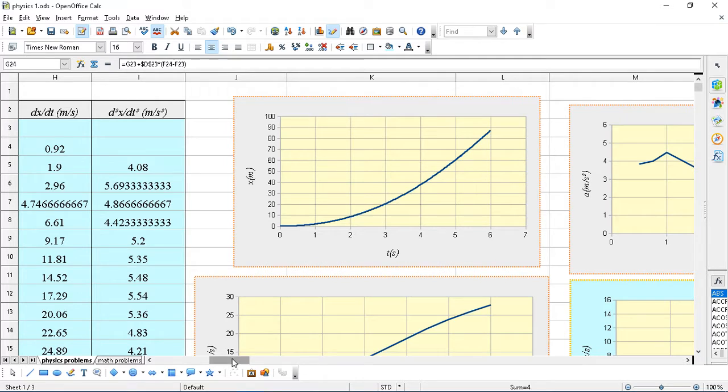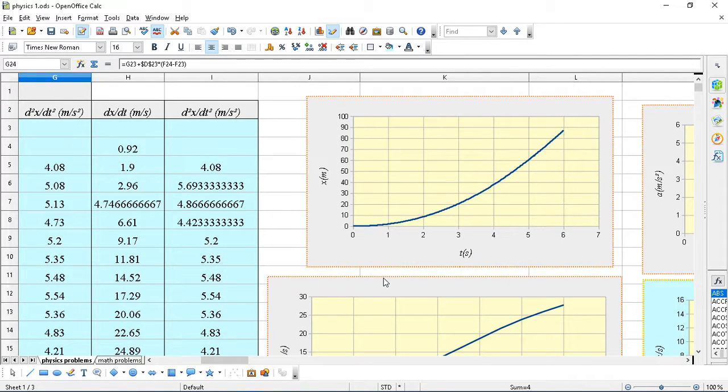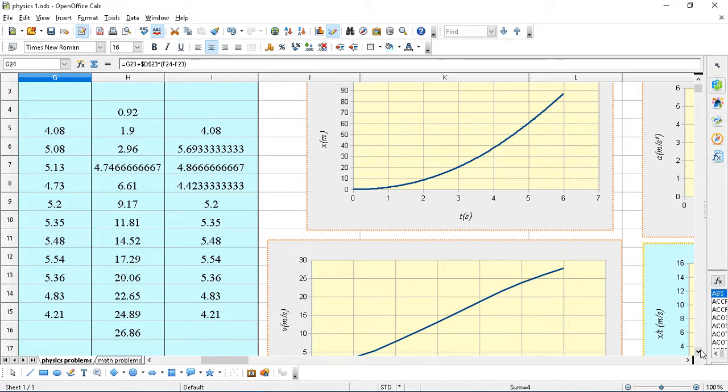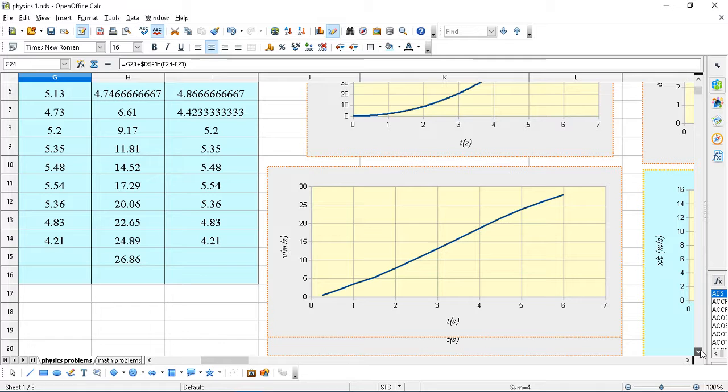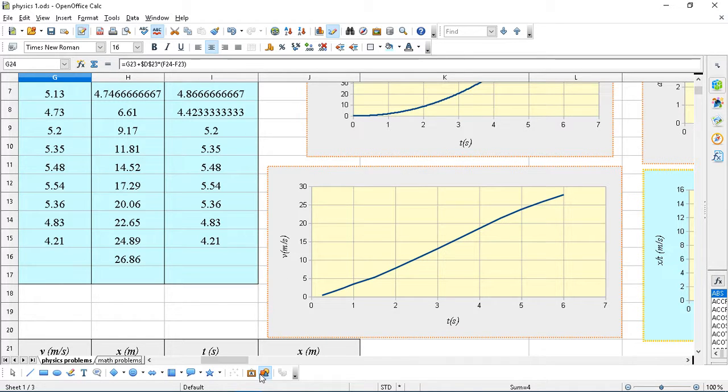Okay, so here we have the plots of position versus time. It shows an increase in the position as time increases, and shows a behavior corresponding to a curve. We have the plot of velocity versus time.